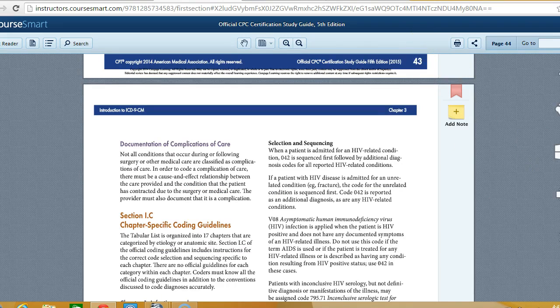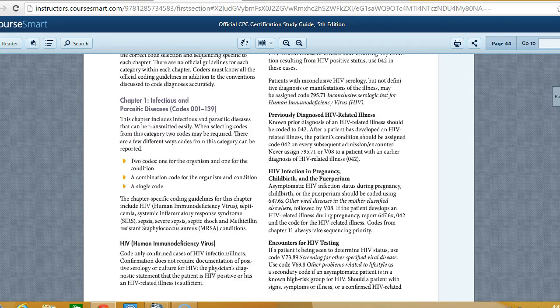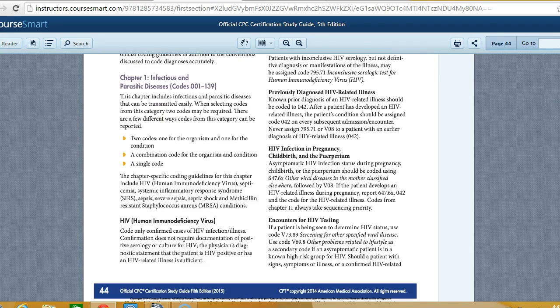Now, make sure you go through when it comes to HIV and infectious disease. I can't stress this enough. You know that HIV is going to be our first listed diagnosis, and it's trumped by pregnancy and anything traumatic. Okay? So make sure you go through and reread all of this information pertaining to HIV and how you code this out.